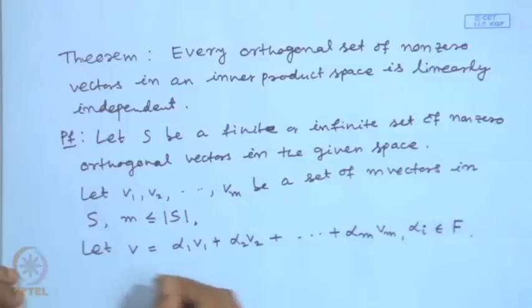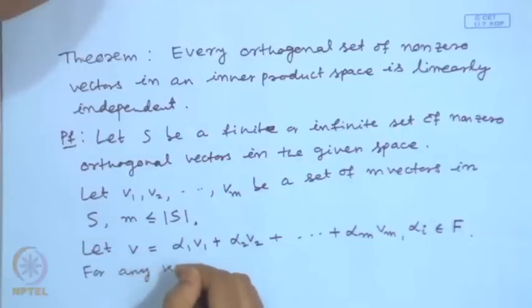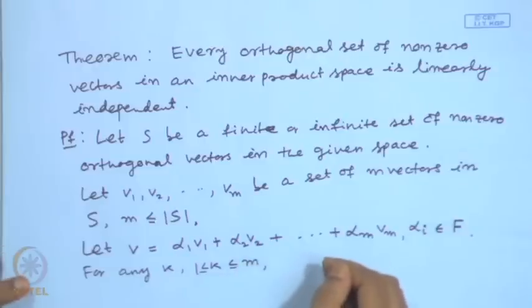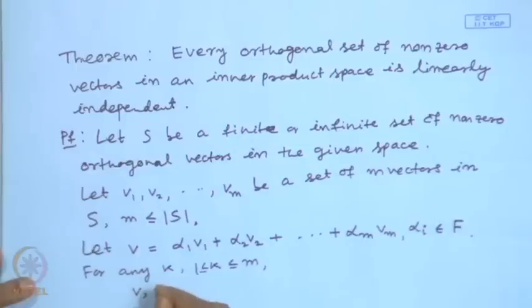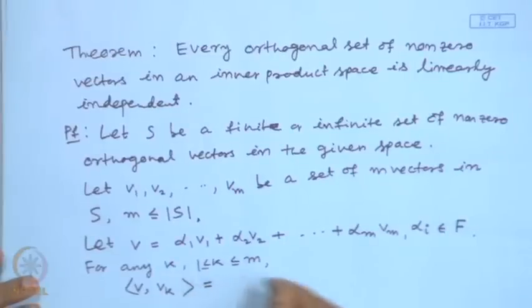So, next for any k, k lying between 1 to m, we can consider this inner product of v with vk.